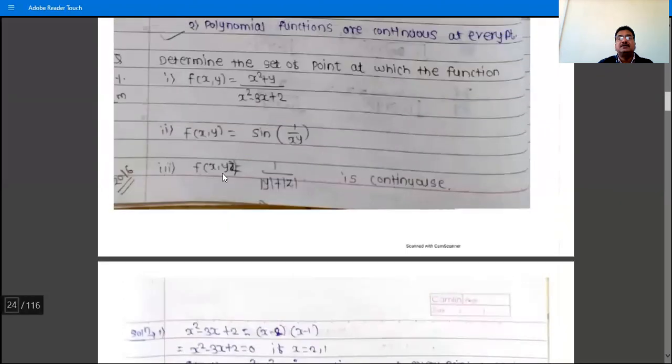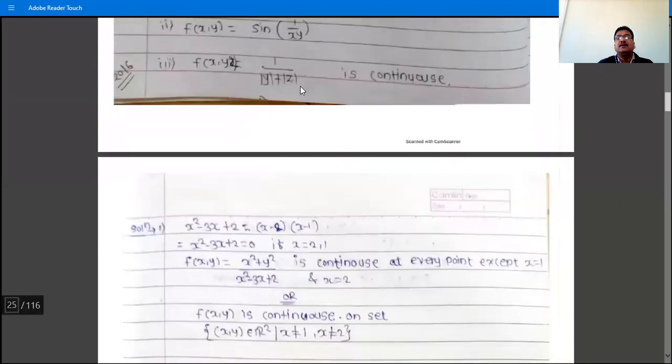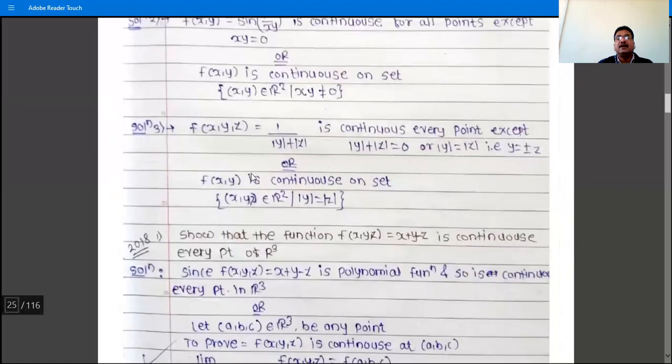f(x, y, z) is equal to 1 by mod y plus mod z. Again, this function is continuous at every point except where the denominator is equal to 0, other than the points where the denominator is 0.